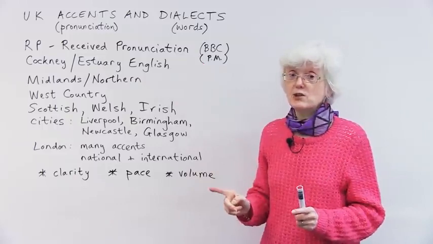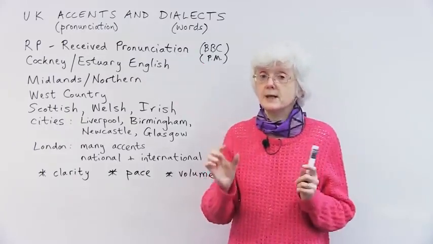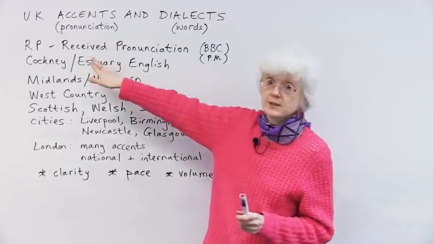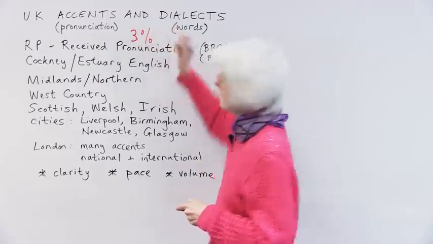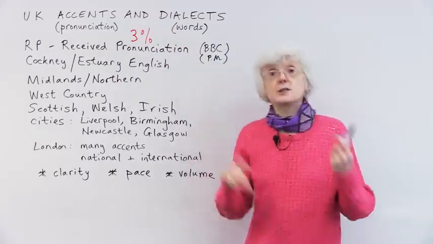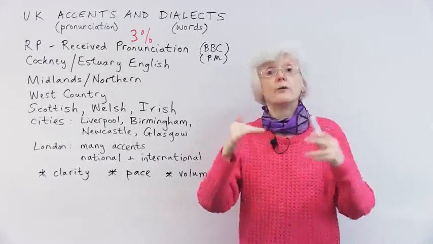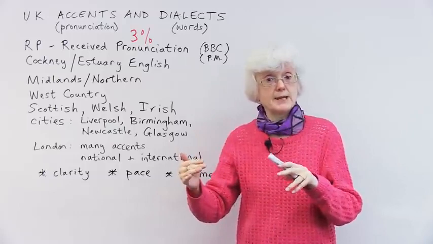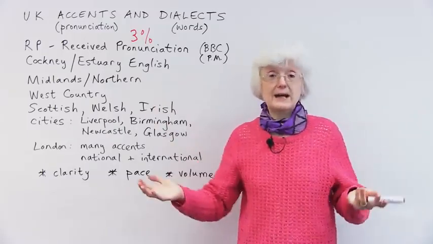But the strange thing is that in this country, only a very small percentage of people do speak with this accent. Apparently just 3%, but they tend to be people in positions of power, authority, responsibility. They probably earn a lot of money. They live in big houses.